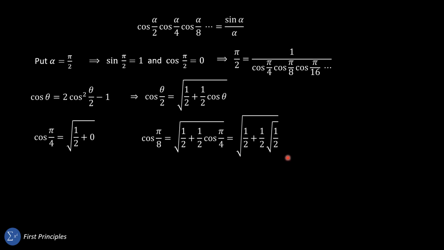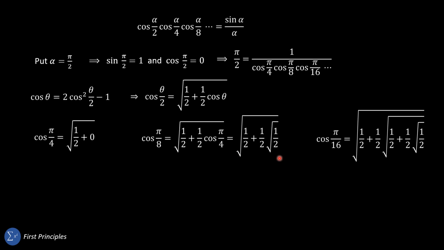So I finally end up with this formula for cosine pi over 8, which has 2 square roots. And continue with cosine pi over 16, which is basically this formula, where for cosine of pi over 8 I put this whole square root inside here.